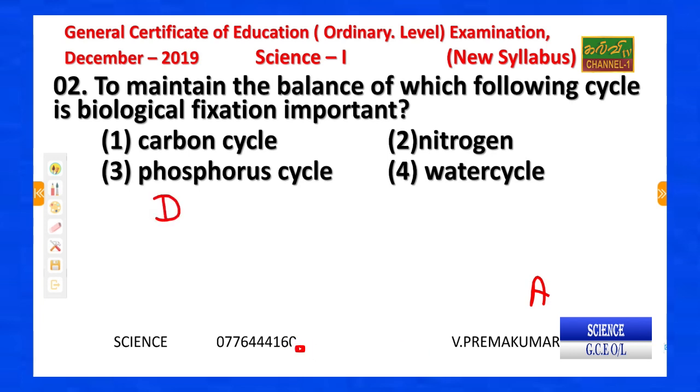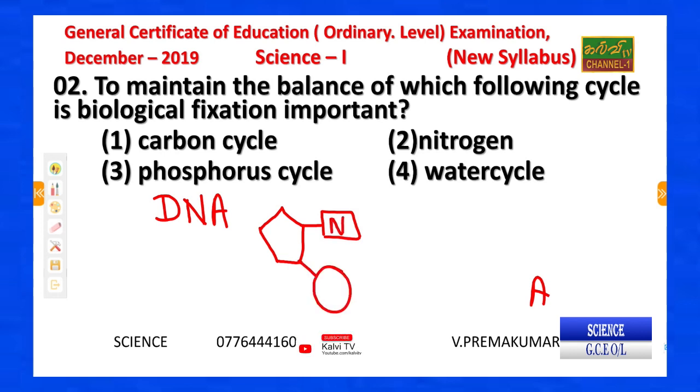Phosphorus is in DNA, nucleic acids. The pentose is called deoxyribose, and there is a nitrogen base, then the other part is phosphorus. This is deoxyribose.